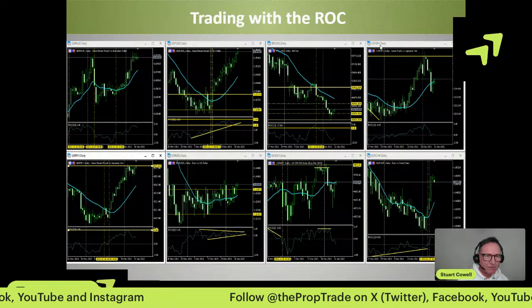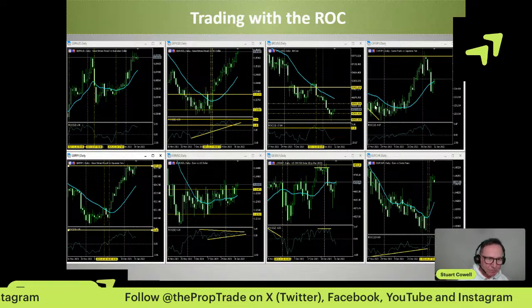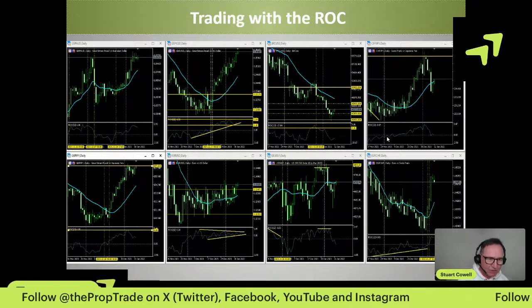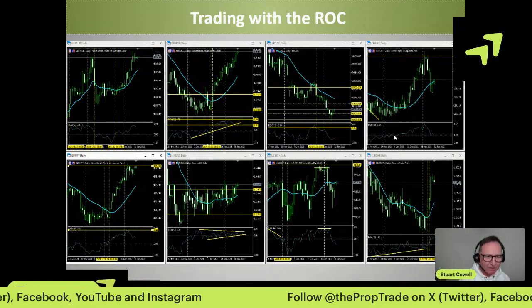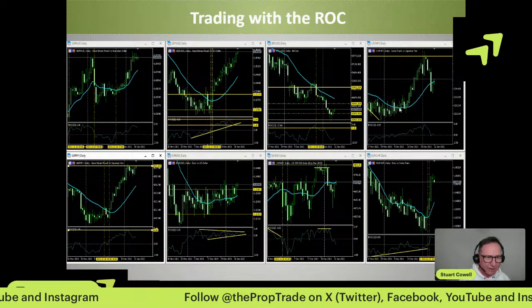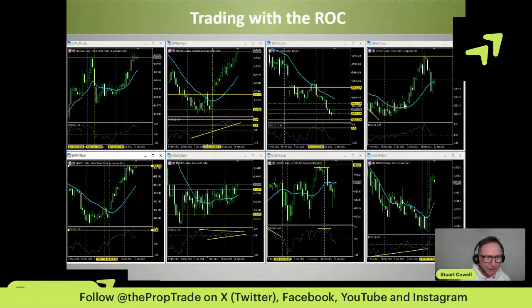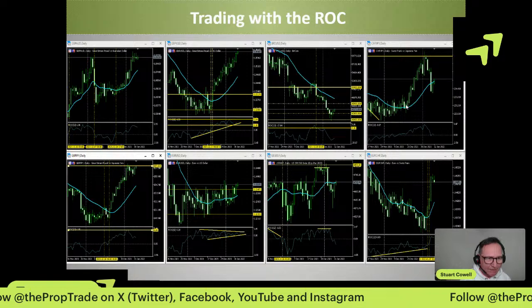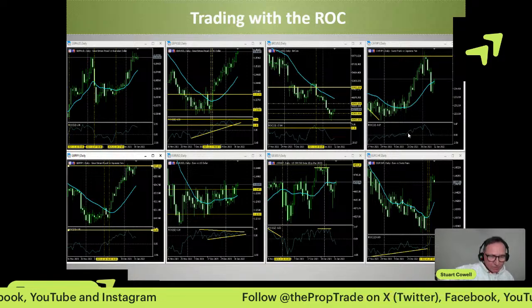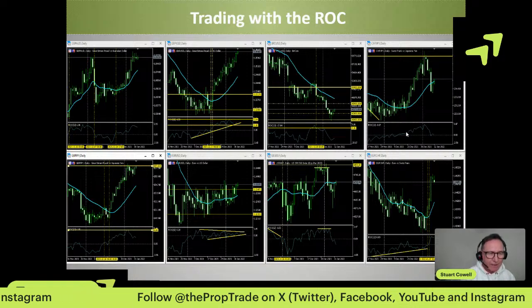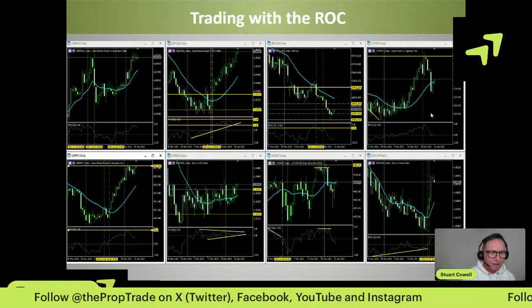Here, a bit more useful. This is a Swiss yen. We've been in a congestion zone. The rate of change has been moving up quite nicely. We break the zero line a few times. The final one is around about here, but there's not a lot of price action, is there? So certainly by this big breakout candle, the rate of change is starting to move. So that's quite interesting.